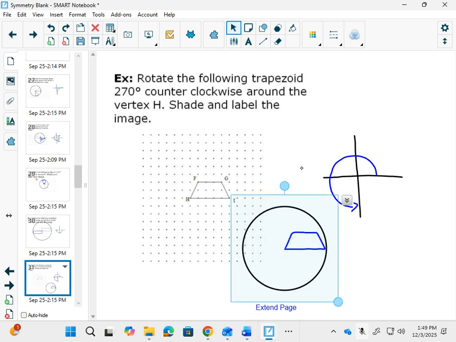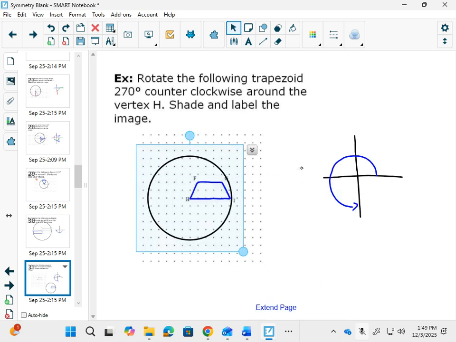It's attached to X. So can you take that and rotate it 270 degrees counterclockwise?